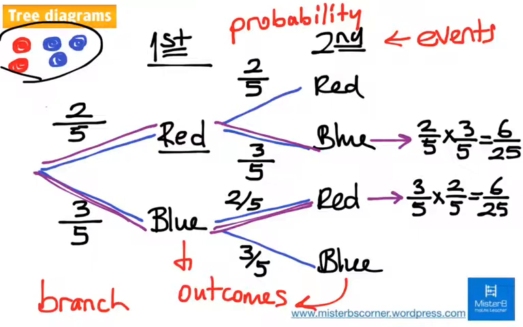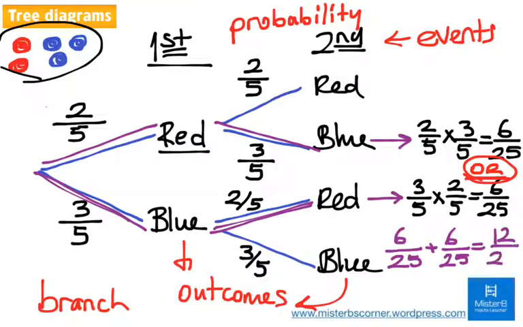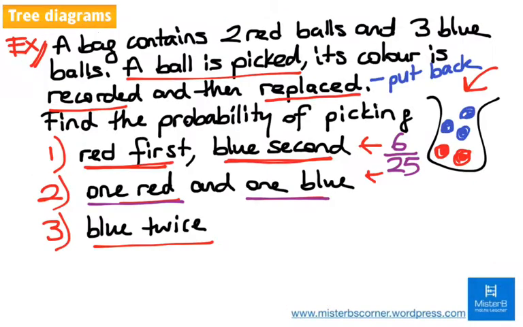These are connected with the connector OR. All right? It is either red and blue or blue and red. So what I need to do is to add them. If it's an OR connection, you have to add the probabilities. So you will end up with 12/25. So basically, that's the difference between these two questions. It's 12/25 because we don't have an order here, but in the first question, the order is given. So it's 6/25, right?